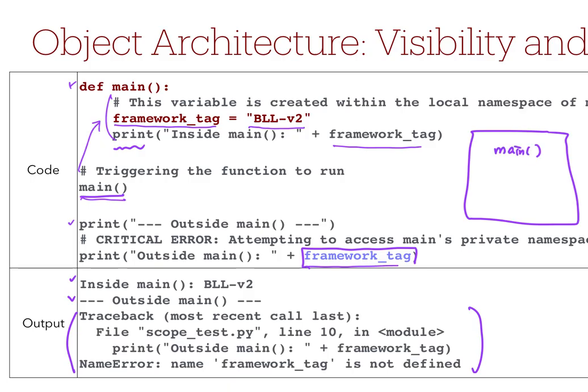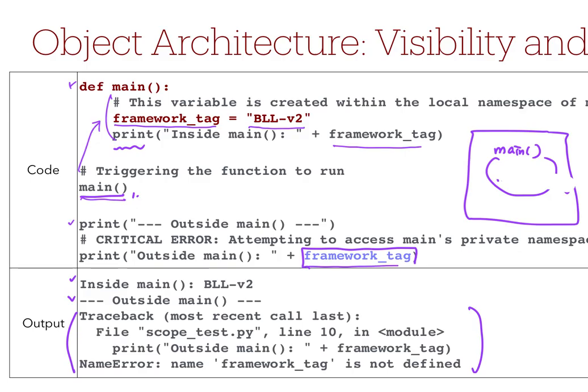Within this main function, the variable will be created, and then the program assigns a value to this variable. Once you complete all the tasks defined in this main function, your Python code will erase everything.